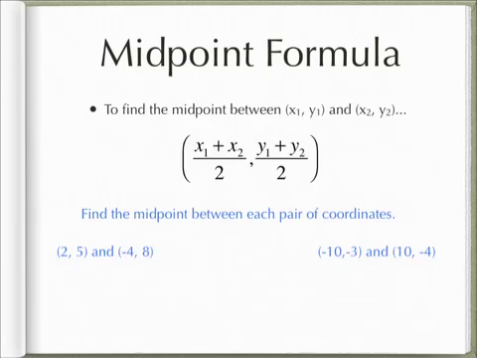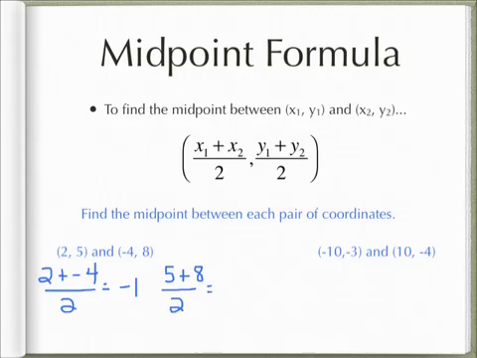If I do 2 plus negative 4 and divide by 2, 2 plus negative 4 is negative 2. And then negative 2 divided by 2 is negative 1. Isaiah, can you have a seat, please? Yeah, sorry. Thank you. Now I'm going to do my y values. So 5 plus 8, and then divide by 2.